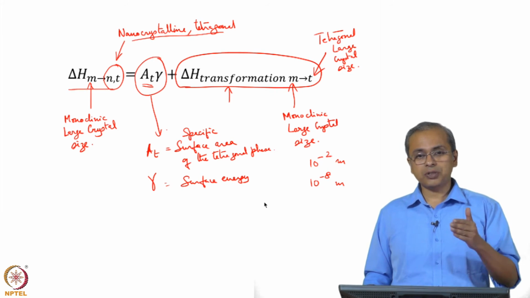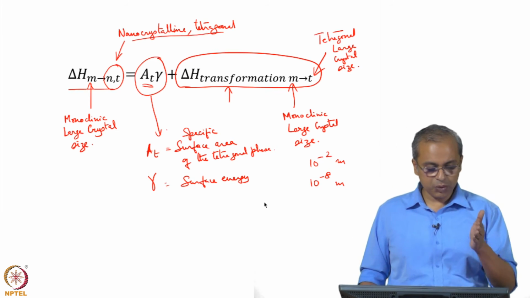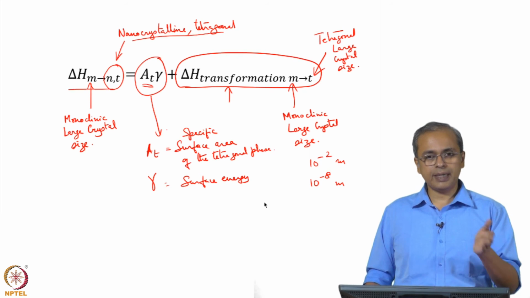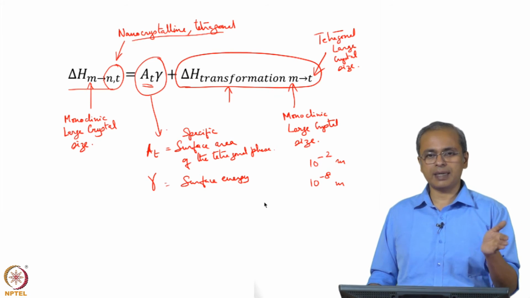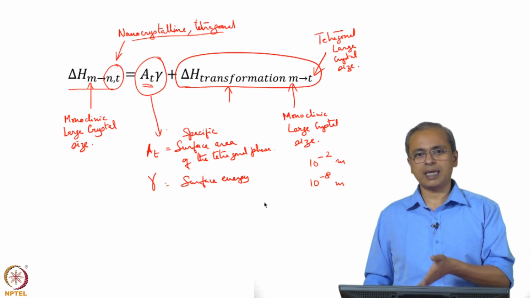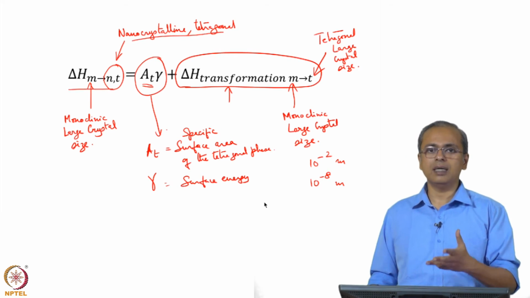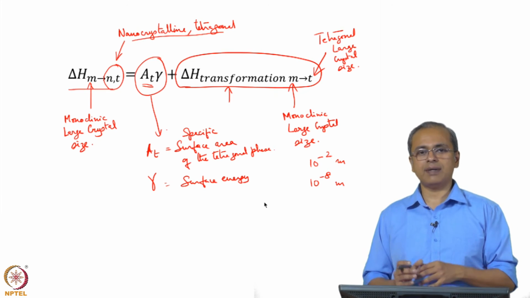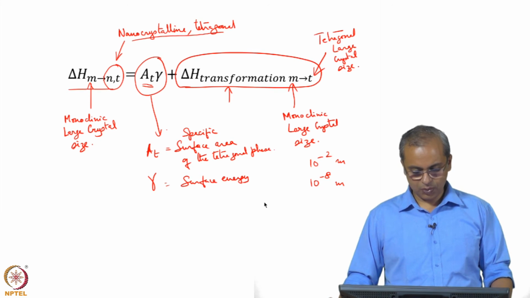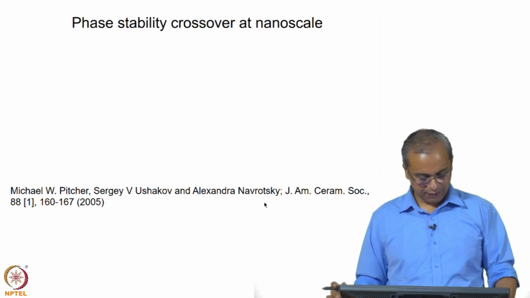And so, interestingly, you can do this monoclinic to tetragonal, monoclinic to cubic, monoclinic to amorphous. All these kinds of things you can calculate using calorimetry. Typically you do drop solution calorimetry for this. There is one reference I will show you where they have done a very extensive study of this system, and that reference is out here.